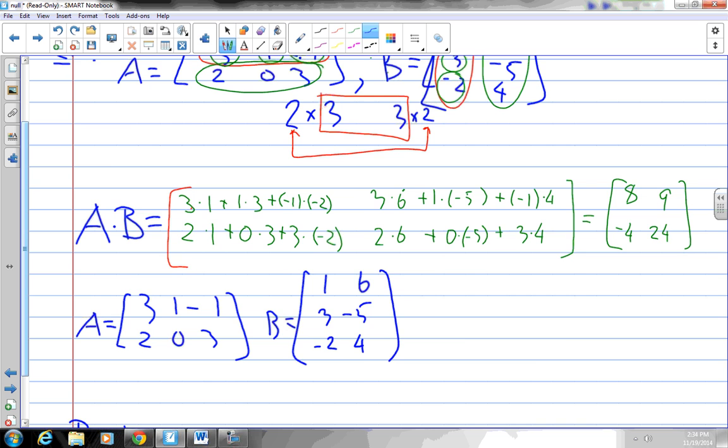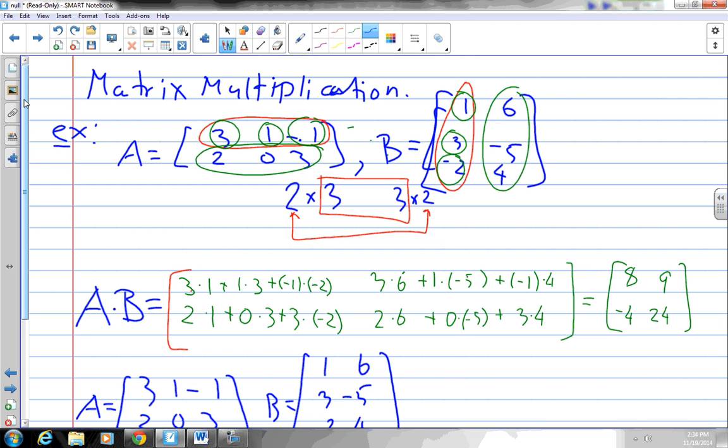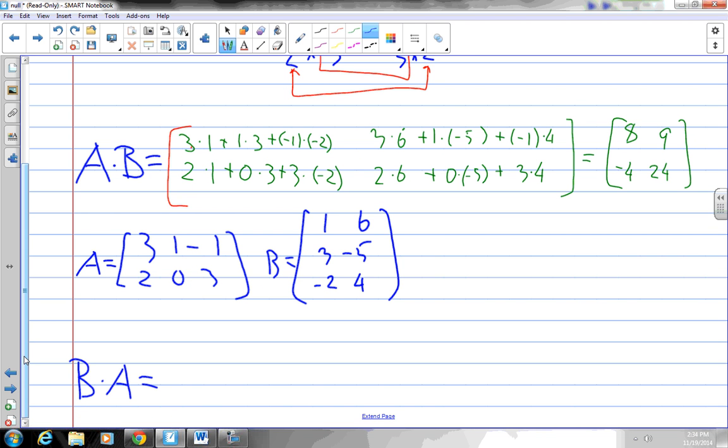Yeah, it was always 1, wasn't it? Yeah, it is 1. Oh, it's a bracket. It's a brackety thingy. Well, B times A. So now I have to multiply these rows by these little columns. Right?